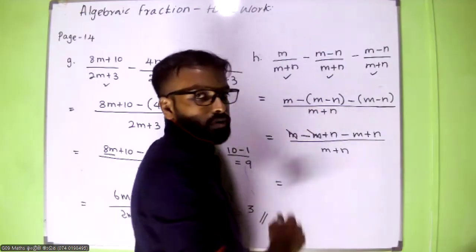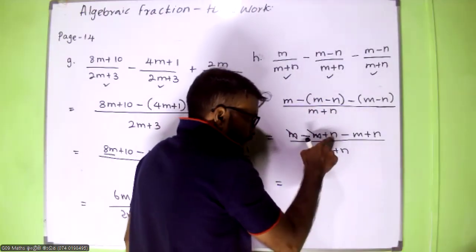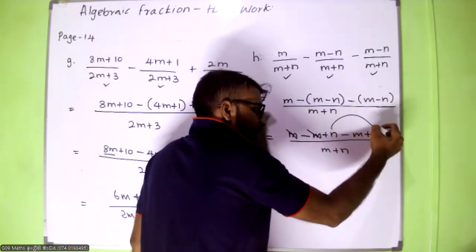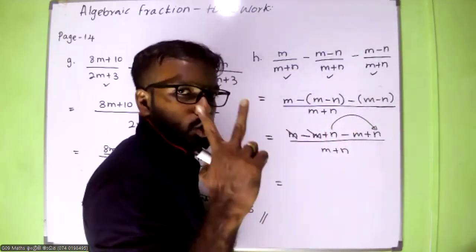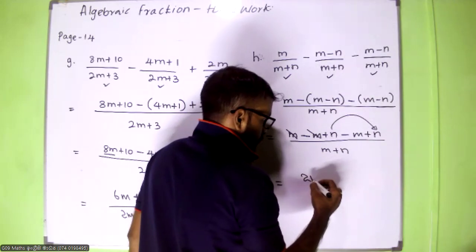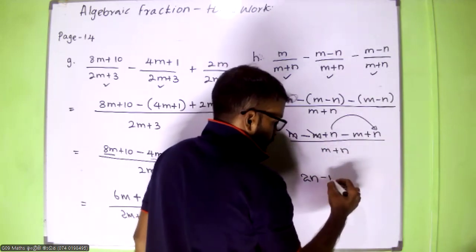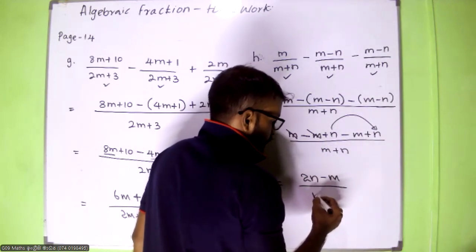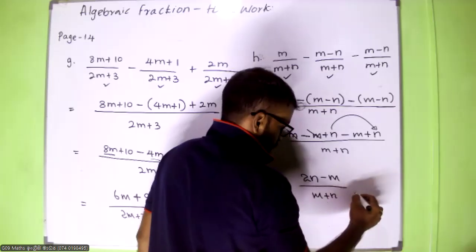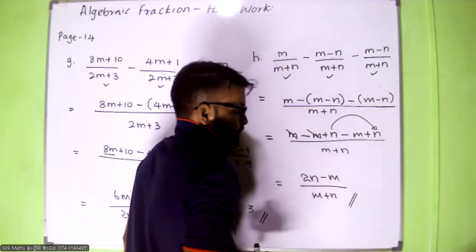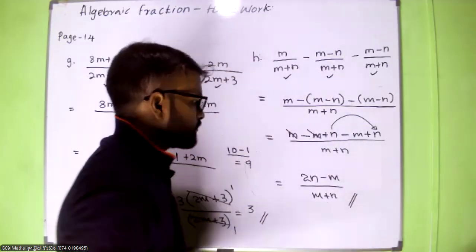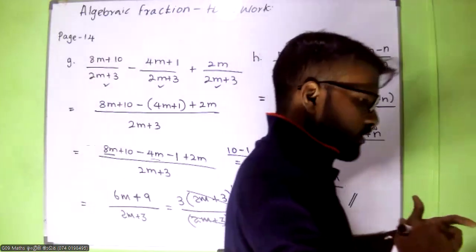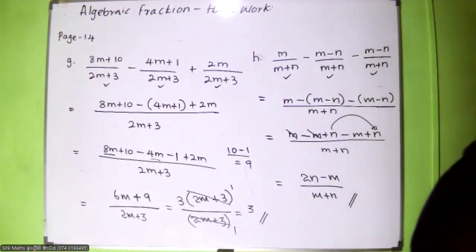Cancel out. n plus n is 2n. Divided by m plus n. Correct? So this is all.